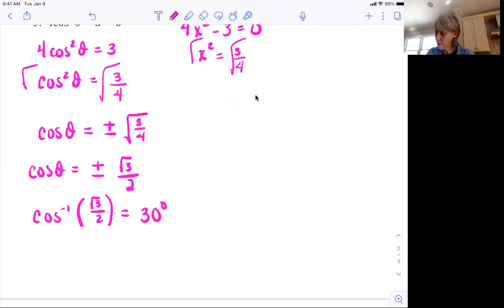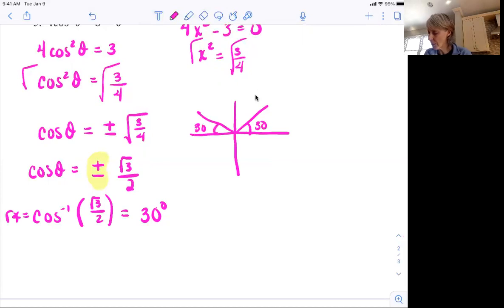And what we have to remember here is this is just a reference angle. Our solution is going to be in the quadrants where the cosine is positive and the quadrants where the cosine is negative. So in this case, we're going to wind up getting 4 solutions.